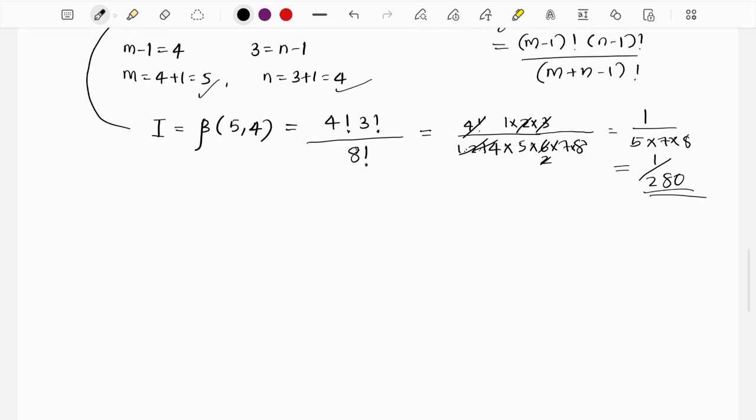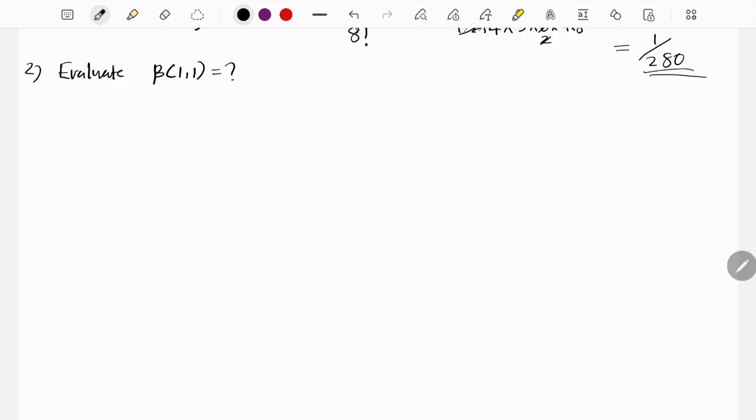Okay. So next question, evaluate beta of 1 comma 1. That is beta is equal to the integral from 0 to 1 of x to the power, here m equals 1 and n equals 1, so x to the power m minus 1, that is 1 minus 1, and (1 minus x) to the power, here also n is equal to 1, so 1 minus 1, dx.